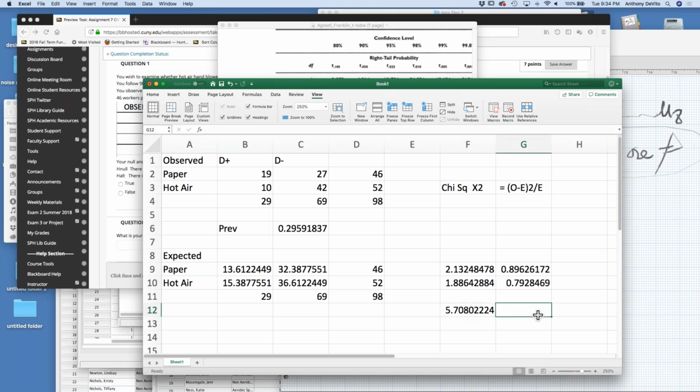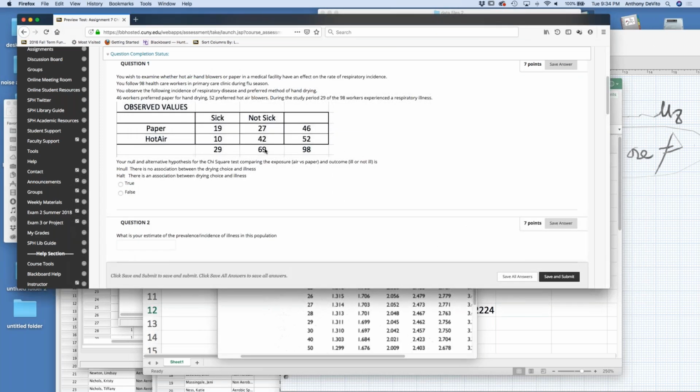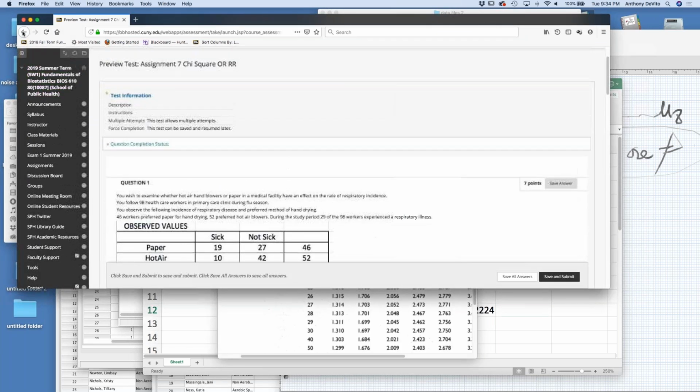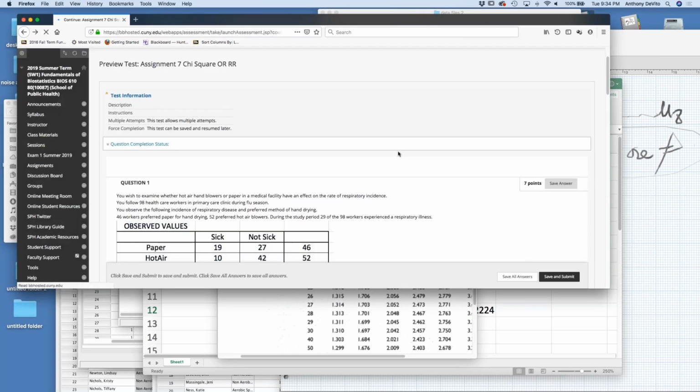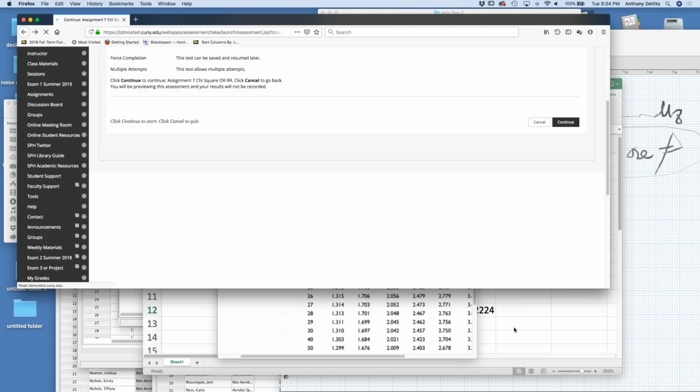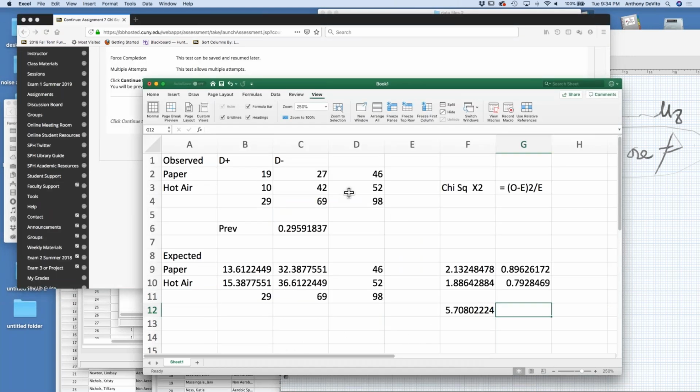We can do this in SPSS also. Actually, I just wanted to mention one other thing, that the relative risk here is 19 over 46 divided by 10 over 52. And the odds ratio is 19 over 27 divided by 10 over 42.